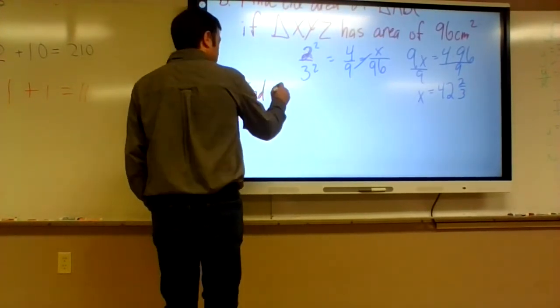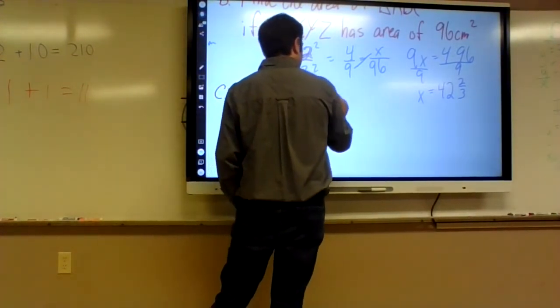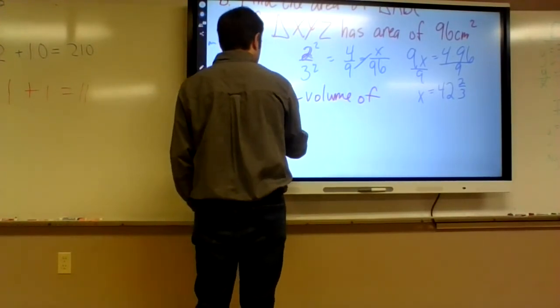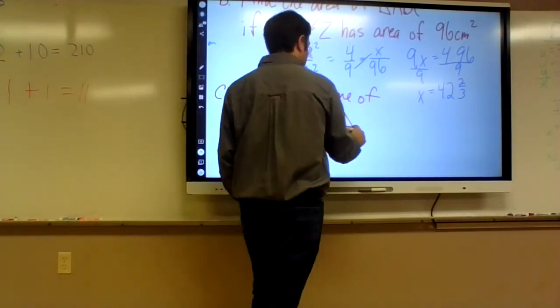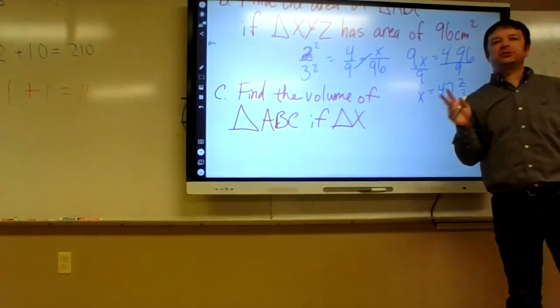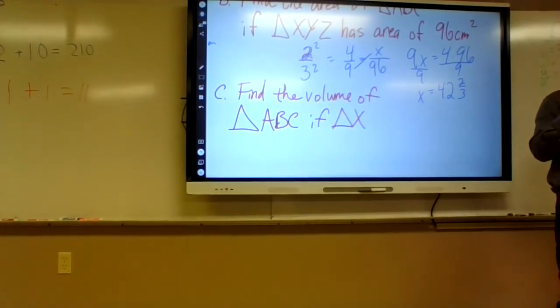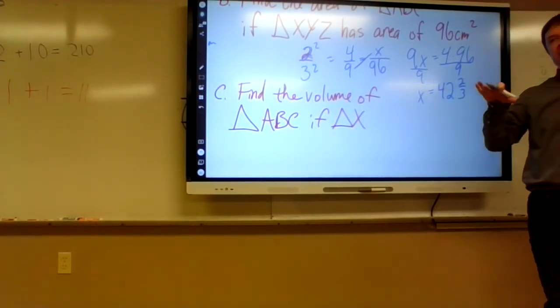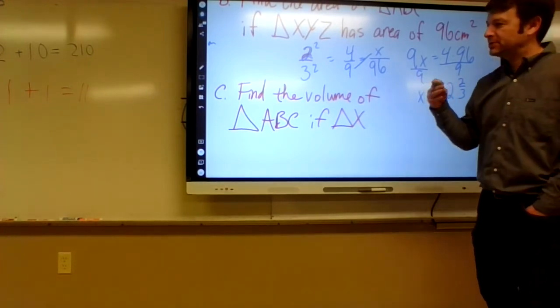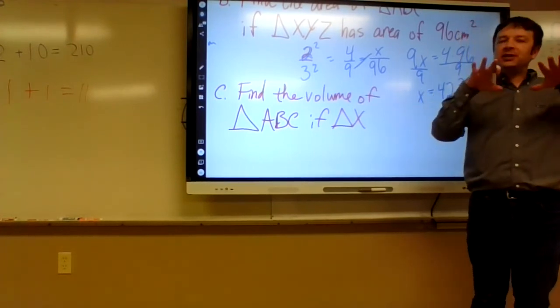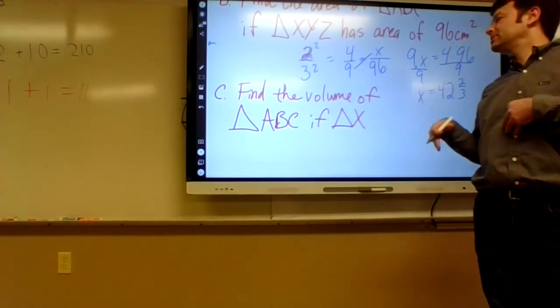Find the volume of triangle ABC if triangle... Well, that wouldn't make sense, the triangles don't have any volumes, but the way the book did it was they said if the triangles are the bases of the solids, you guys know what I'm talking about? Like if they're just one side of the three-dimensional shapes, then this would work.